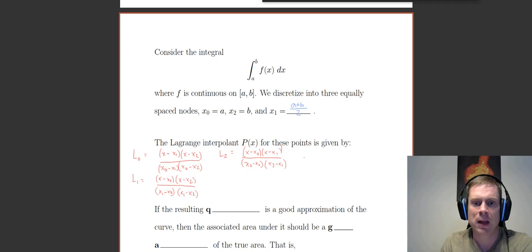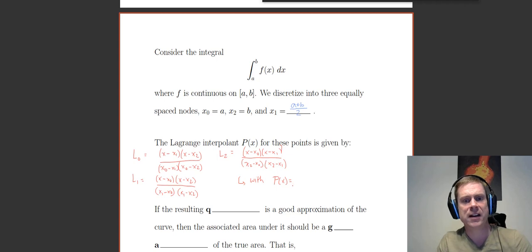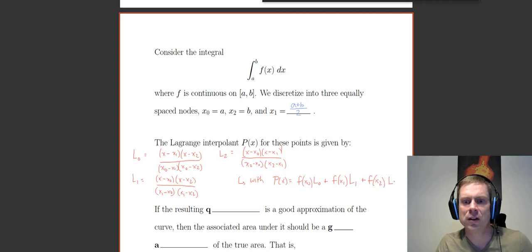But at the end of the day, we would have p of x equaling the height times the correct basis functions for each one of those nodes. So I would get here f of x0 times L0 plus f of x1 times L1 plus f of x2 times L2.